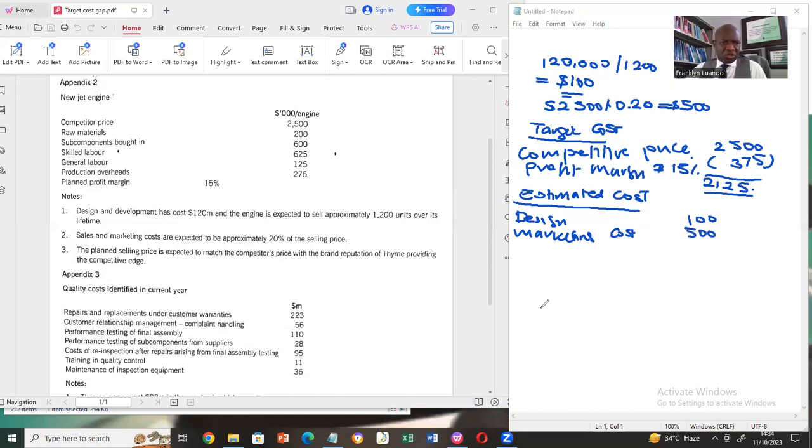And now we go to the raw materials we are given. The raw materials there, it is 200. And then components, sub-components, we are given 600.